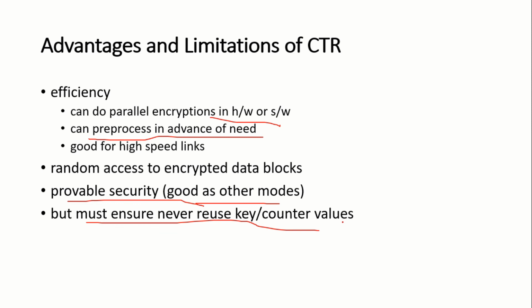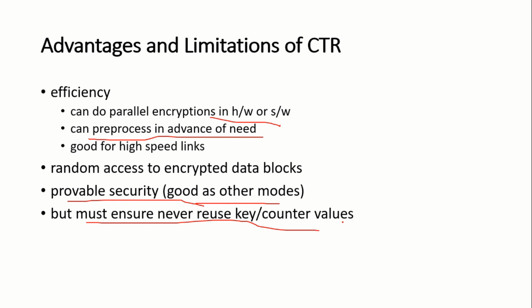Now we have discussed all the modes of operations, right? The very first one was electronic code book, in which each block of plain text bits was encoded independently using the same key.